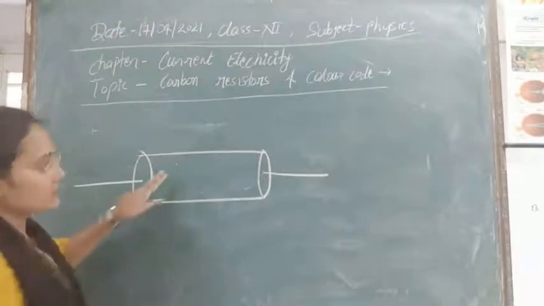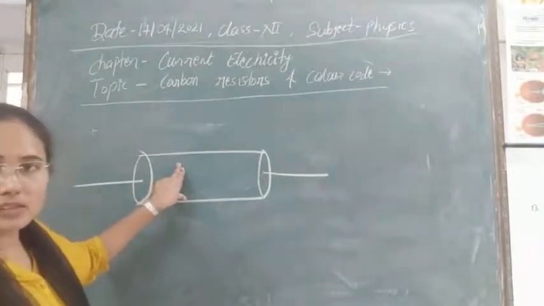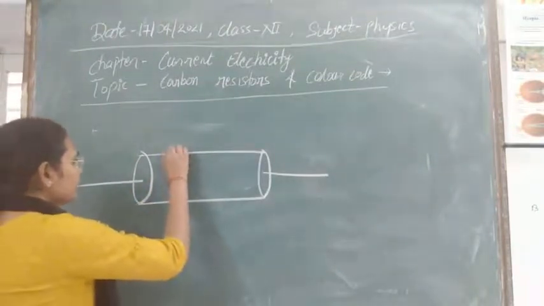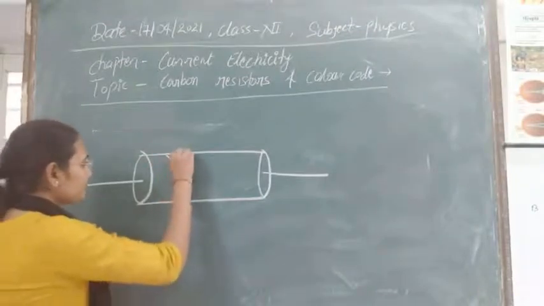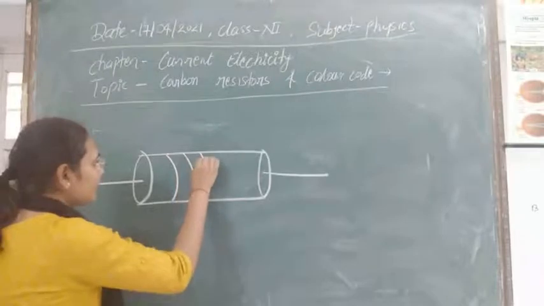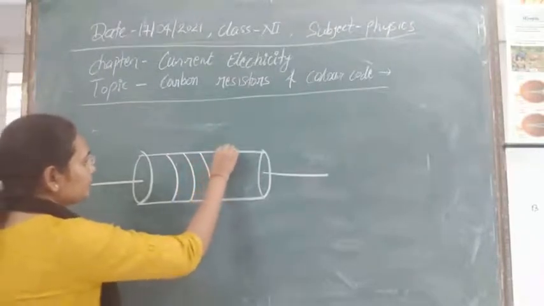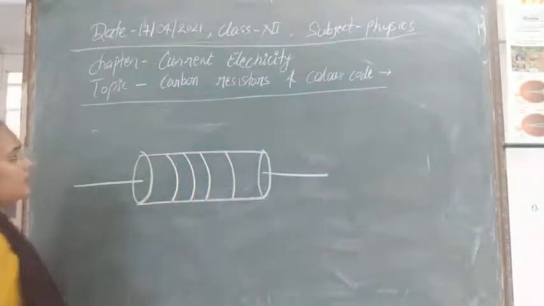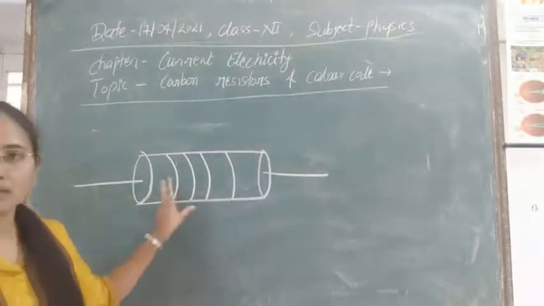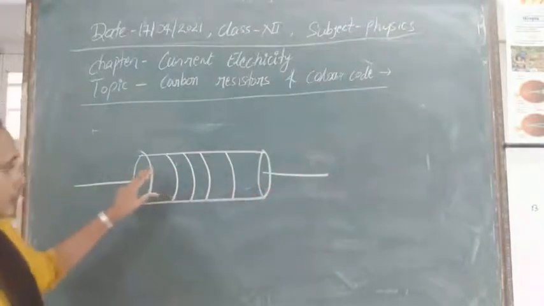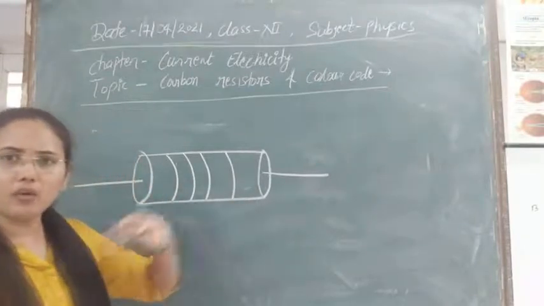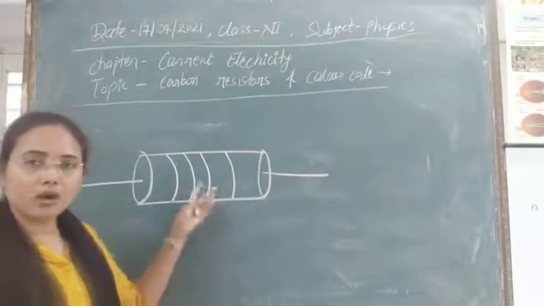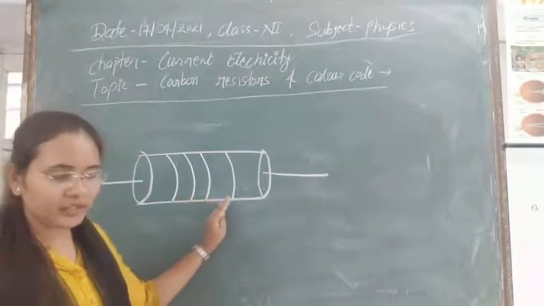So in this case now we can put some of the bands on that. So these kind of color bands are here on this resistor. Many color bands are indicated here. Suppose we have 4 bands indicated on this carbon resistor. The base that you are seeing will be of the same color, and on this we have taken different colors.